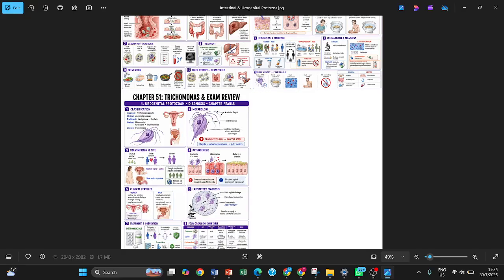Cryptosporidium, you might find here and there in some cattle, but the definitive host is actually the human, because remember, definitive host is where you have sexual reproduction, right? Trichomonas vaginalis, same thing, one definitive host, humans.